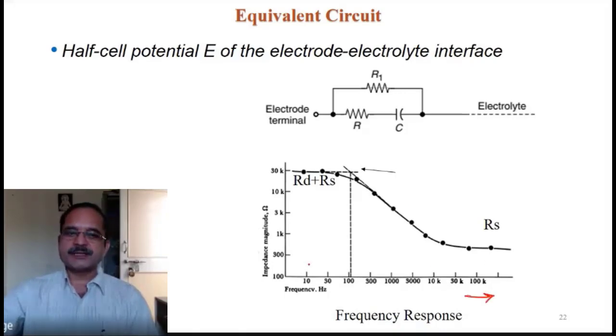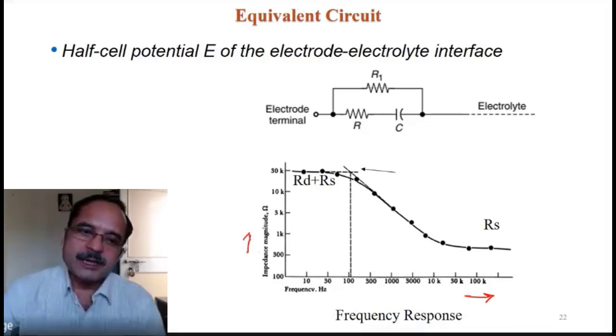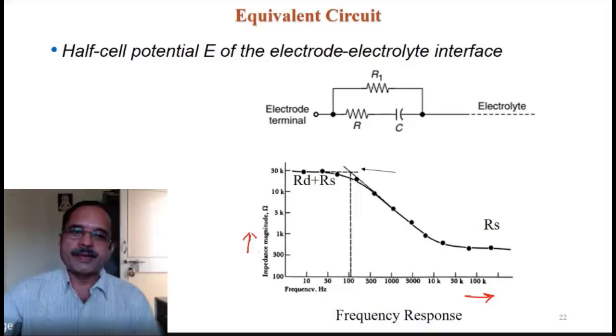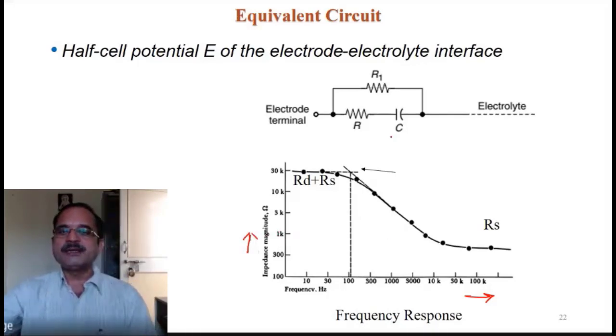On the x-axis is the frequency, and on the y-axis is the magnitude of the impedance. As the frequency increases, the impedance will go on decreasing because there is a capacitance involved here. At lower frequencies the impedance is Rd plus Rs, the sum of the two resistances.